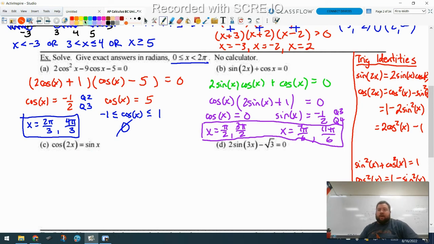So let's go back and look at our problem over here. On the other side of the equation, I have a sine x. If you're not going to be able to factor out a common factor, like we were able to factor out the cosine, then you want to change everything to be the same function. So since I have a sine x over here, I want everything on the left side to be a sine as well. So I'm going to pick the 1 minus 2 sine squared version.